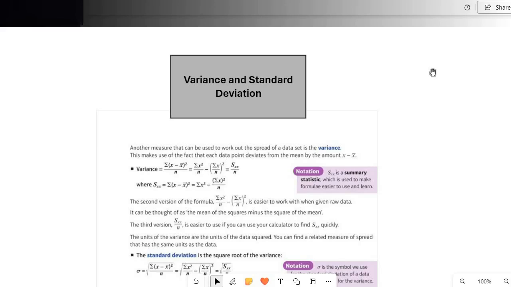Today we will be learning about another measure of location that can be used to work out the spread of a dataset, which is the variance.